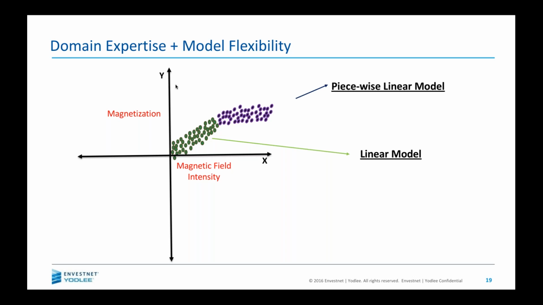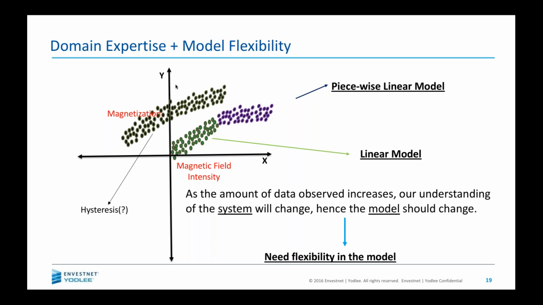So then immediately you're going to change your model to say, okay, in the beginning I'm going to have a linear model, but later on I'm going to maybe continue with the linear model but change the slope and hence make a piecewise linear model. Or there are cases where you may have to model hysteresis, and then again you will have to come up with a different model. The point I'm trying to make here is, in today's big data world, as the amount of data you observe increases, your understanding of the system itself will change, and hence the model that you are using may also have to change.